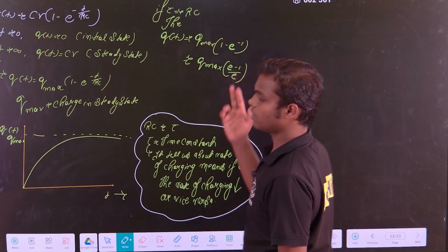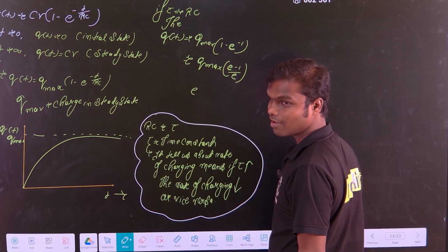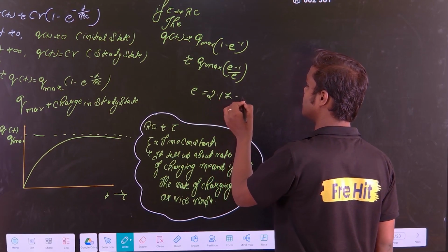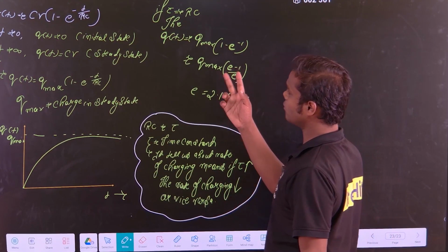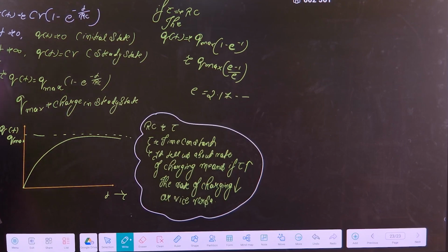Can you tell me what is the value? What is e here? E is a coefficient of restitution? No, e is not a coefficient. E is a mathematical constant, it is 2.71, something like this. Put this value and tell me what is Q max. What value are you getting?